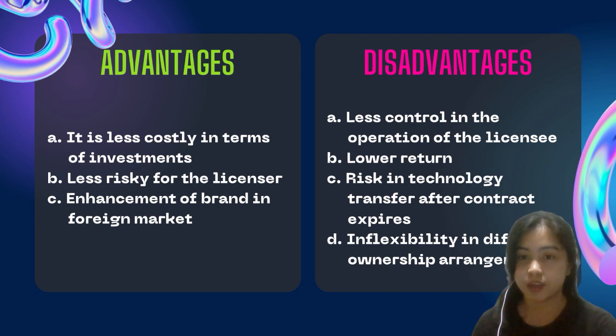This is advantageous for firms seeking to expand their market presence with lower exposure to potential losses. Lastly, licensing allows the licensor to enhance its brand presence in foreign markets through the local partner's operation. This can lead to increased brand awareness and acceptance among consumers in the target market.